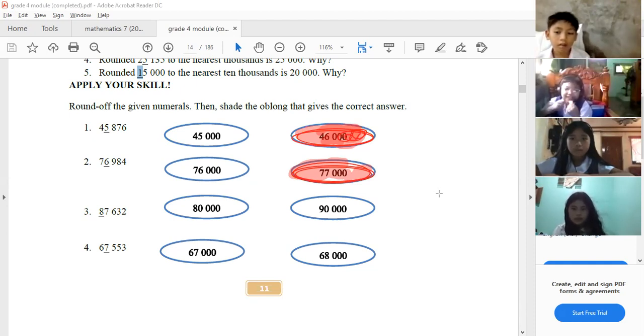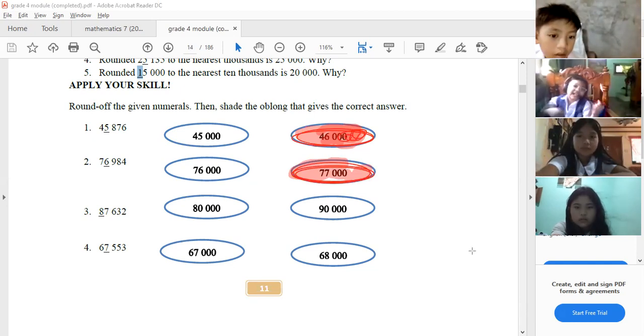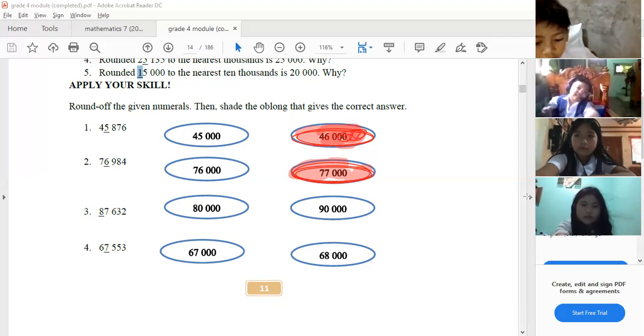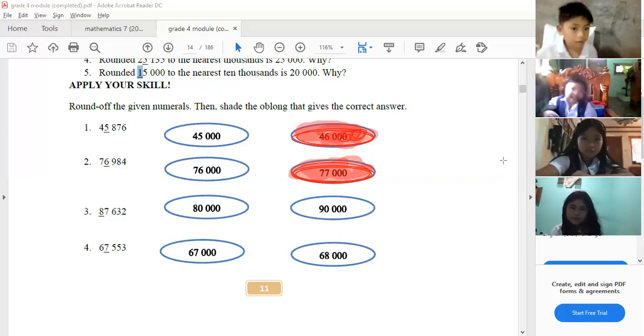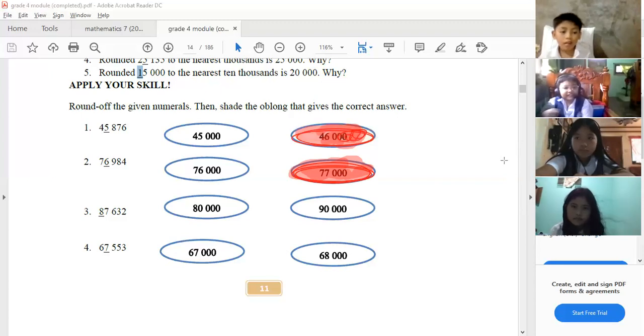Let's read the number first. So that is 87,632.